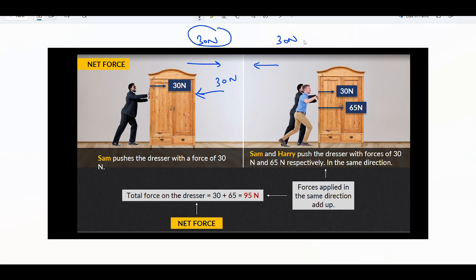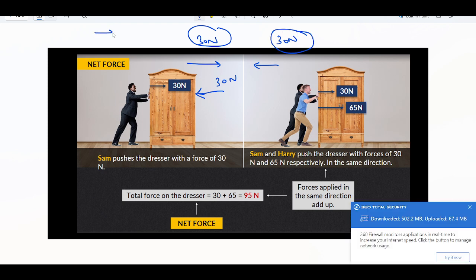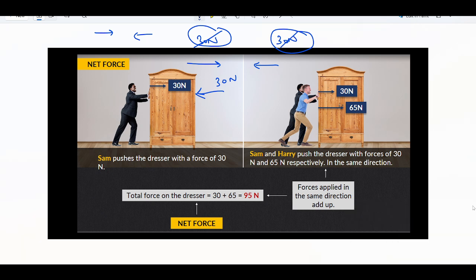Also the forces are the same. When the directions are opposite and the forces are the same amount, they will cancel out each other. So when forces are applied in the opposite direction, the net force we get by subtracting them, like 30 minus 30 is 0.